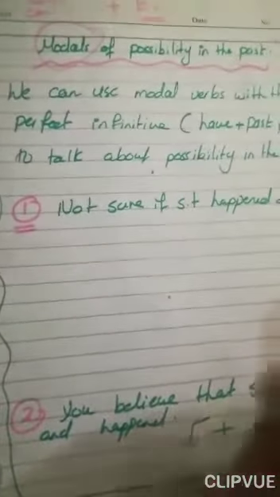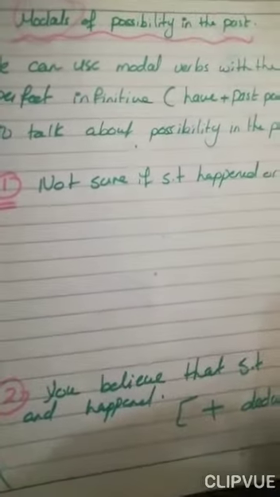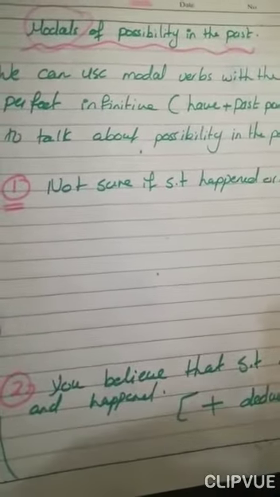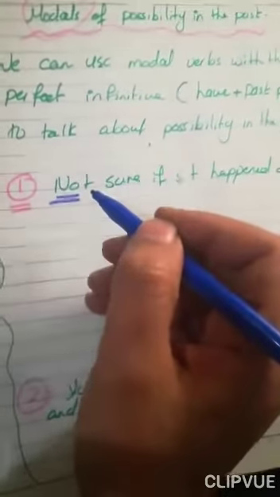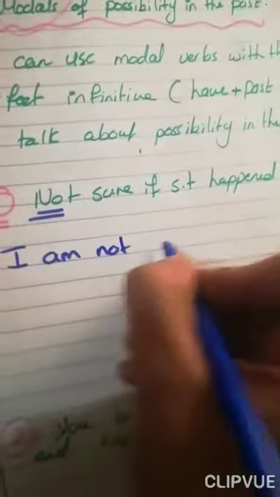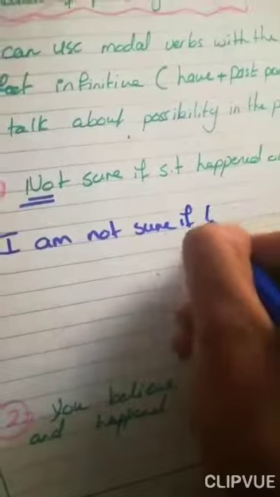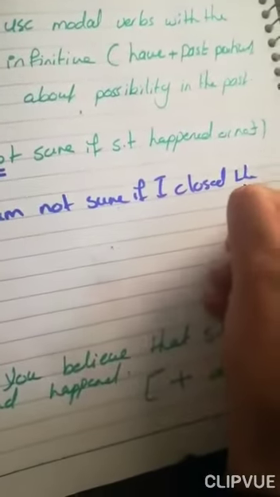Now I categorize them into three groups, and if you pay attention you're going to know how to differentiate between them. The first group is when you're not sure if something happened or not. For example, let's write this sentence: I am not sure if I closed the window or the door.